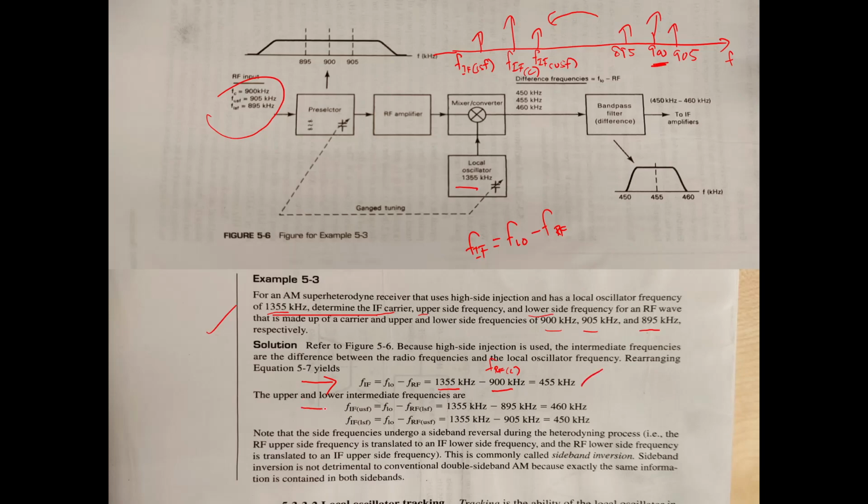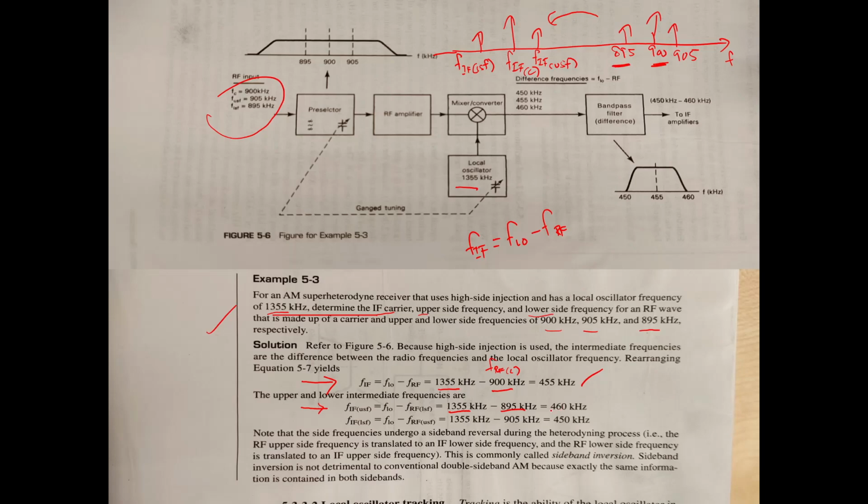And then in order to find the upper side frequency, we need to subtract the lower frequency of RF. That means the local oscillator frequency minus the lower frequency of RF, which is 895.